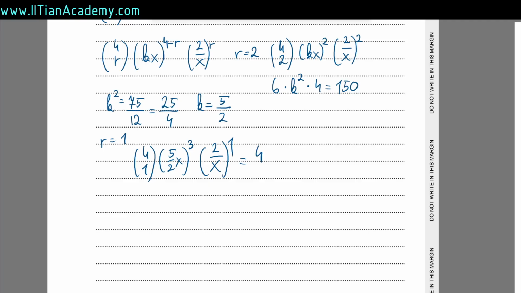And then when we raise 5 over 2 to the power of 3, it's going to be 125 divided by 8, and multiplied by 2. And this will be multiplied with the x squared that will be left after cancelling. And then we see that 4 times 2 is 8, so that cancels out with this. And so we just get 125x squared.